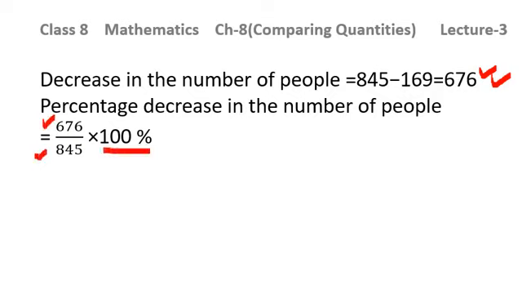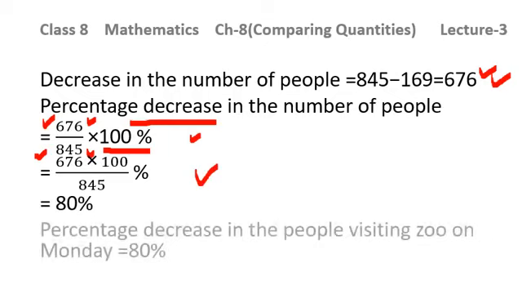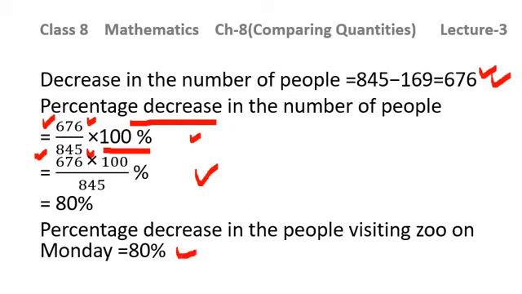So decrease in the number of people is 676. Original value is 845, into 100% because we want the answer in percentage. So it will be 676 into 100% over 845. After solving, you will be getting 80%. So the percentage decrease in the people visiting the zoo on Monday is equal to 80%.